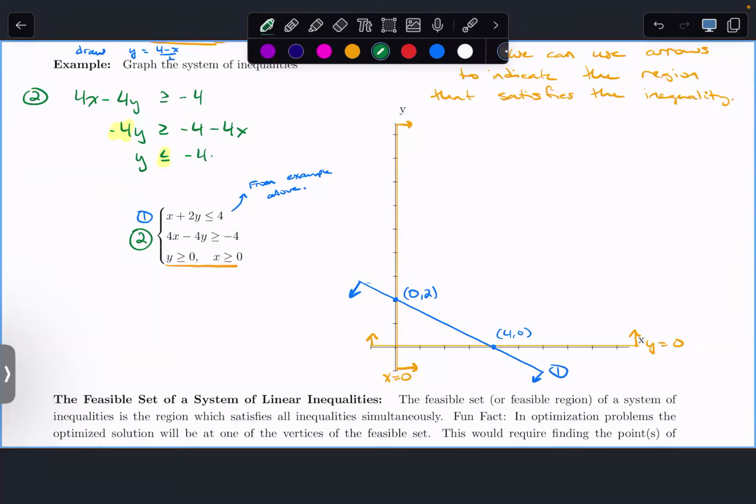So then -4 minus 4x divided by -4 puts me at 1 plus x. Y is less than or equal to, I'll pull out the -4, 1 plus x, divided by -4. So y has to be less than or equal to 1 plus x.